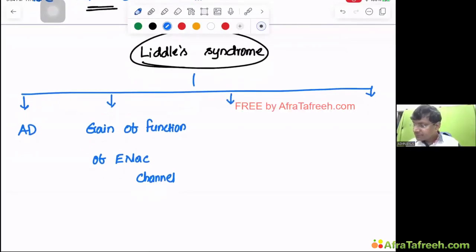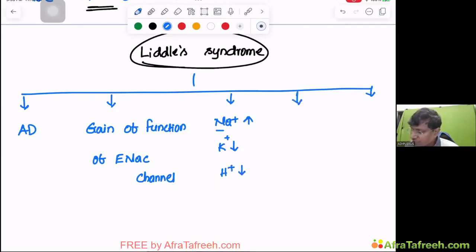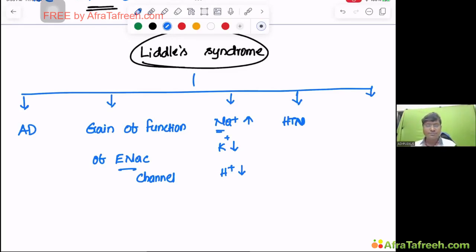Because of the gain of function of the ENaC channel, what will be the features? There will be sodium and water retention, potassium excretion, and H+ ion excretion. Because of sodium and water retention, these patients will have hypertension. ENaC channels are the channels for which hormone?